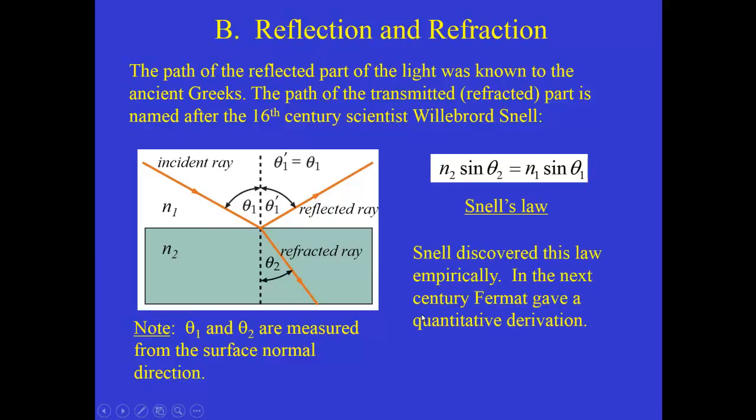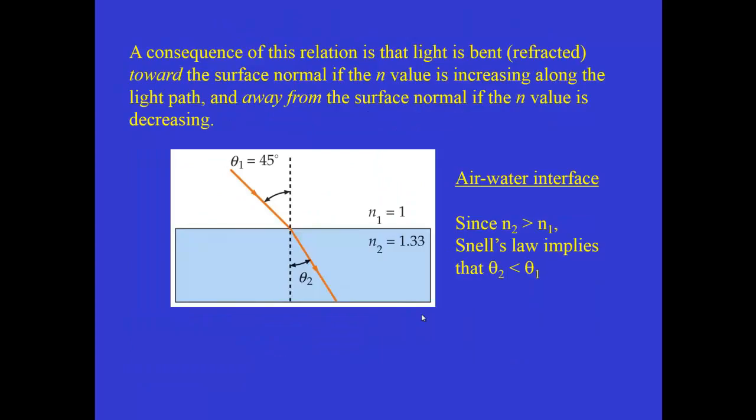Snell discovered this law, and others before him discovered it just by doing experiments, but in the 17th century, the French mathematician Fermat gave a quantitative derivation of how you would actually predict this kind of relationship. Now, a consequence of this relation tells us the way that the light is bent.